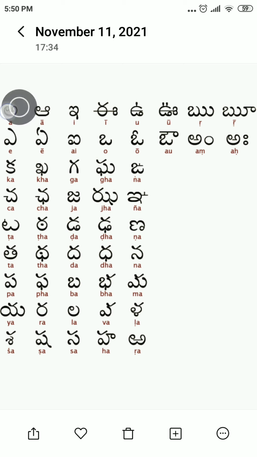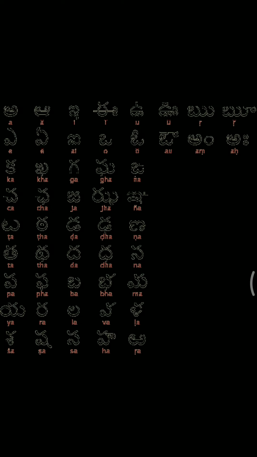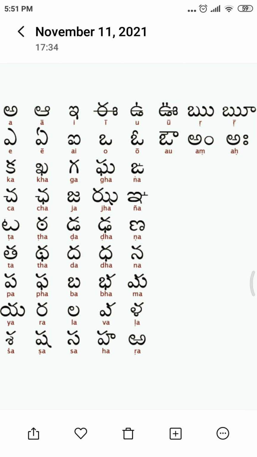This is the first letter in my language, A. A. This is a long vowel, and there is a combined letter like this, which is I. And this letter is called ow. Ow is nothing but OU. So we have not five vowels.